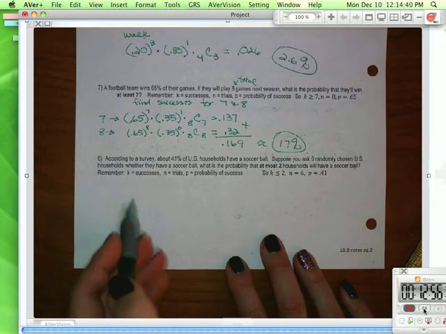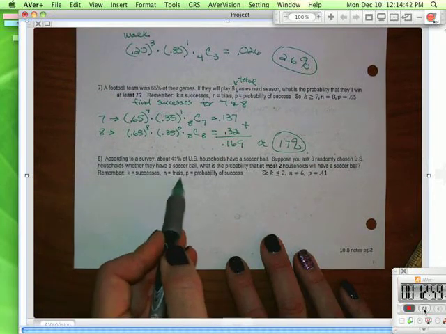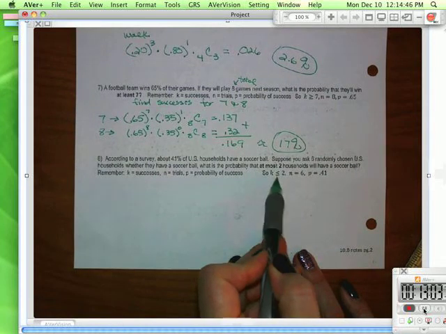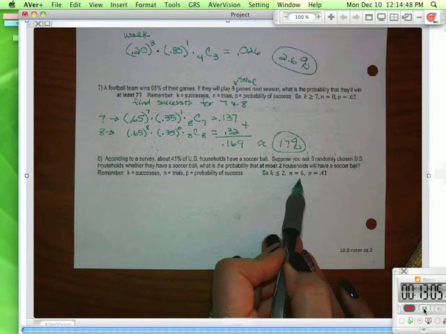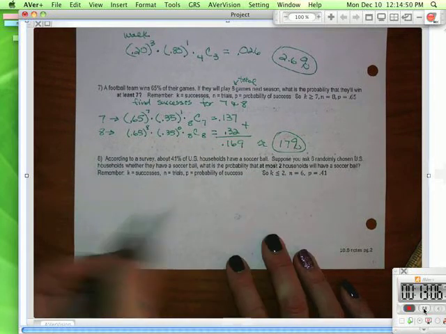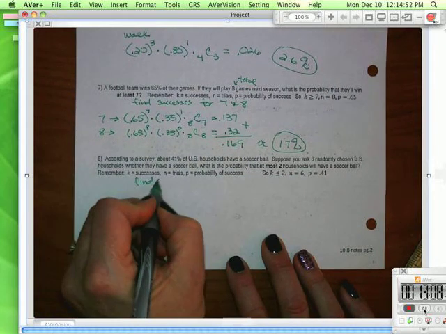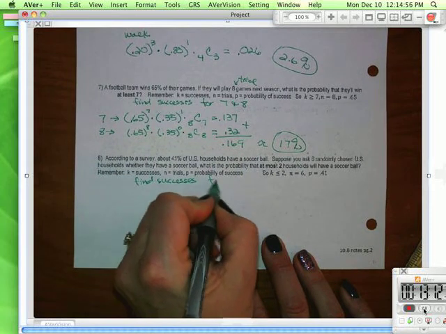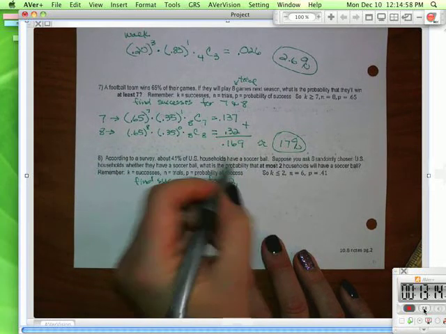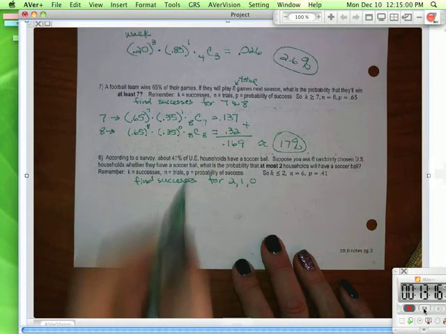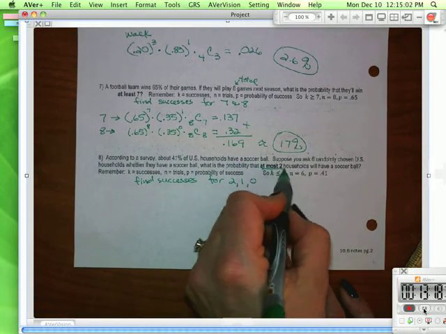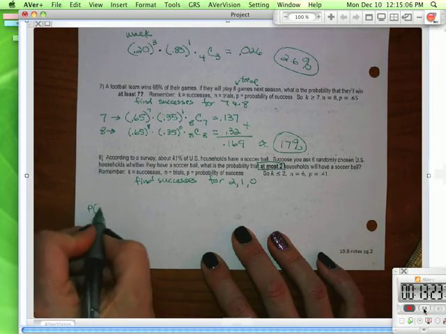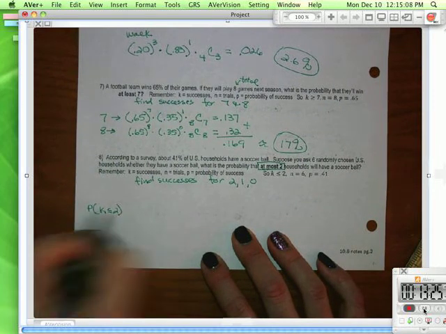So again, K equals successes, N is trials, and P is probability of success. We want to know K is less than or equal to 2, and this is the number of trials, and this is the probability. So let's find the successes for 2 households, 1 household, or 0, because we're looking at most 2. So the probability that K is less than or equal to 2 is going to look like this.